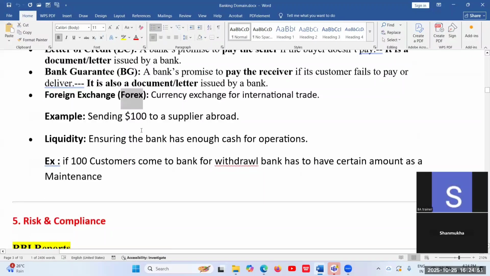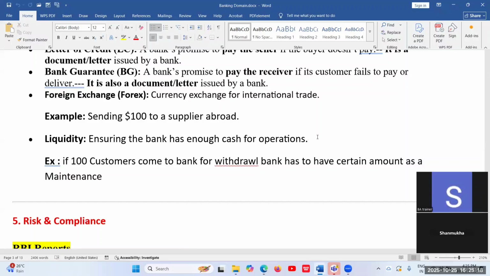Liquidity. Liquidity means ensuring the bank has enough cash for operations. When we go to ATMs, the bank ensures that a certain amount will be available to withdraw and to perform other operations in the bank. When they ensure that they have enough funds or money in the bank, that is nothing but liquidity.